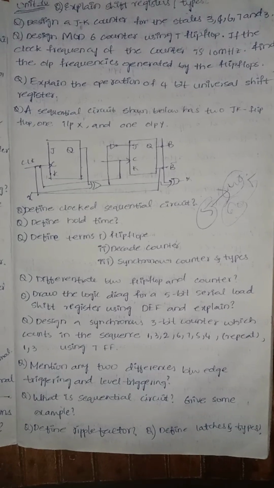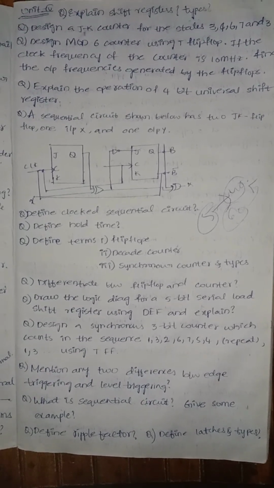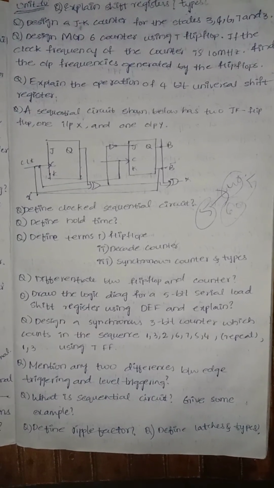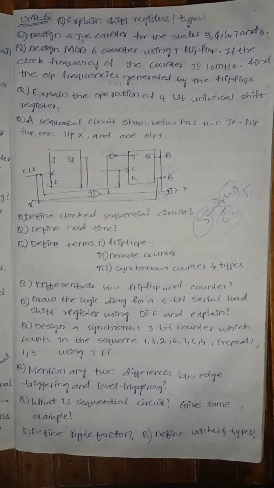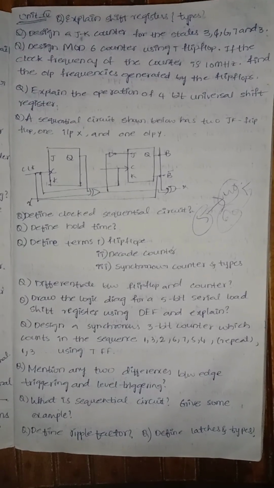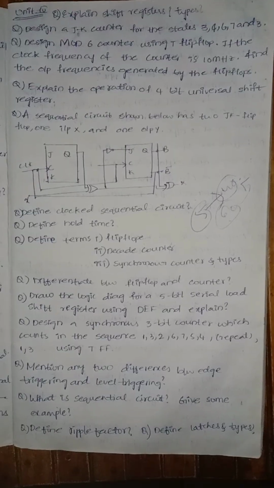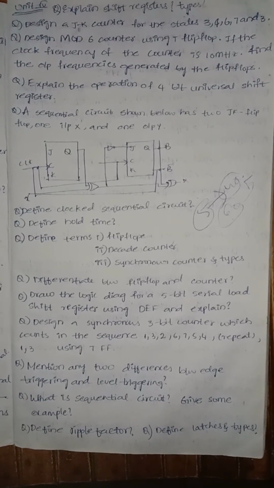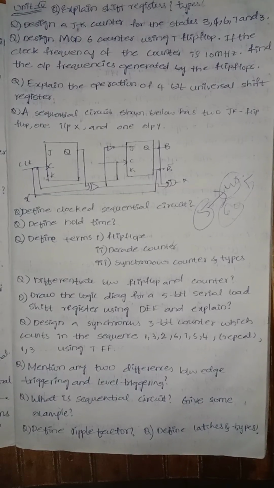Draw the logic diagram for a 5-bit serial load shift register using D flip-flops and explain. By using flip-flops and JK flip-flop and other flip-flop concepts, shift registers, counters, trigger concept, sequential circuit, these are the topics they will ask for long questions.